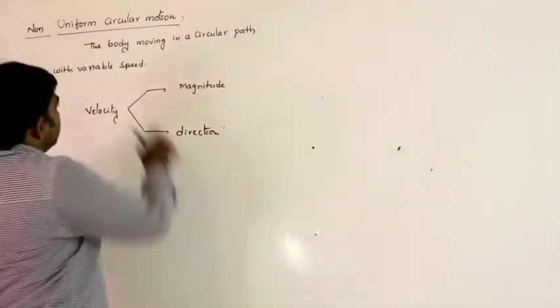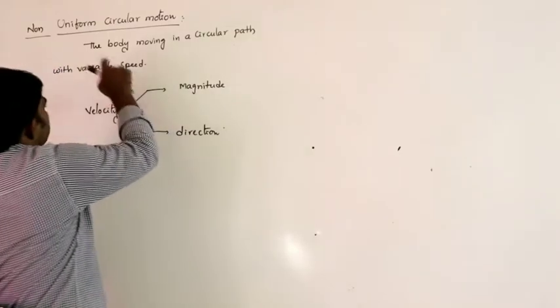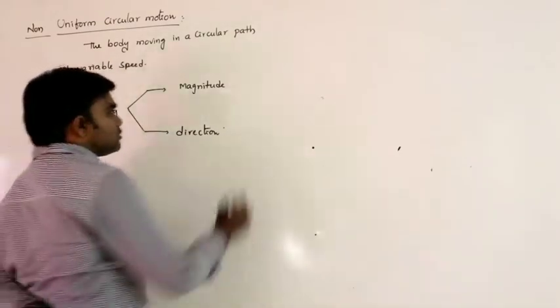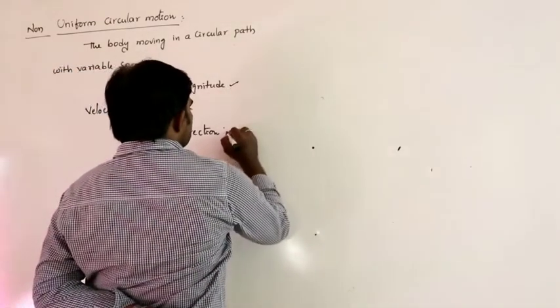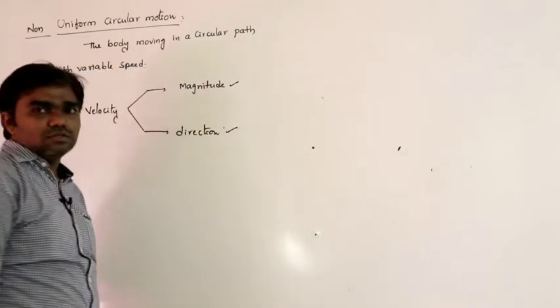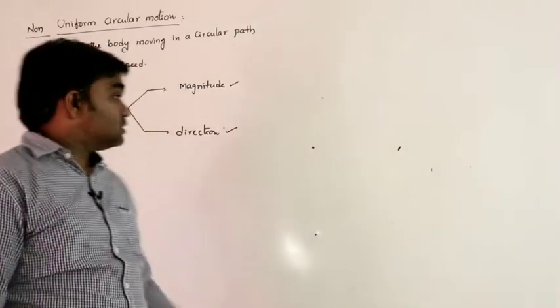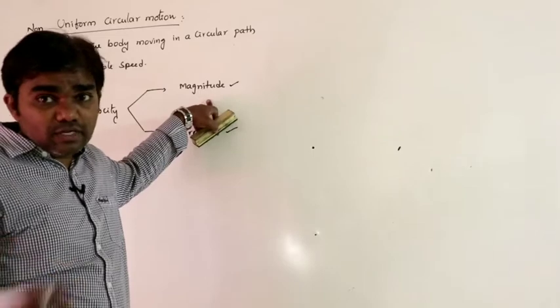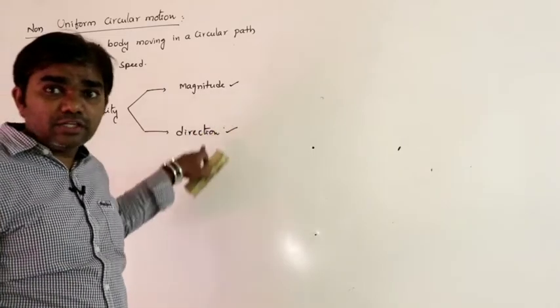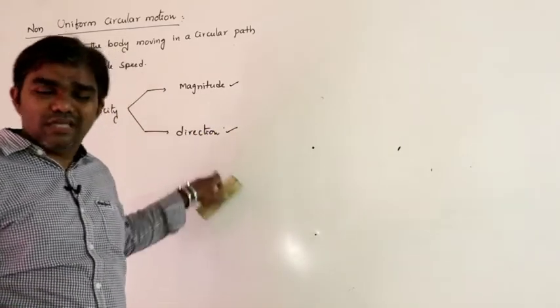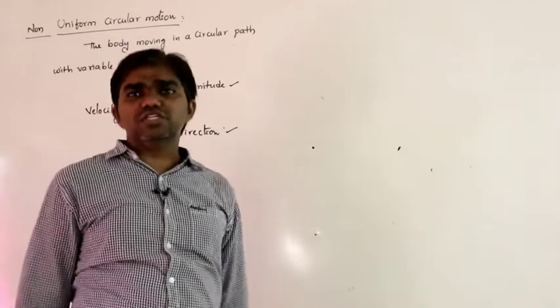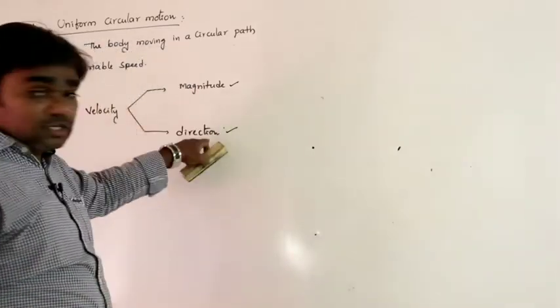If the body moves in a circular path with variable speed, the magnitude of the velocity changes and the direction of the velocity also changes. In a circular path the direction continuously changes. So both change here.